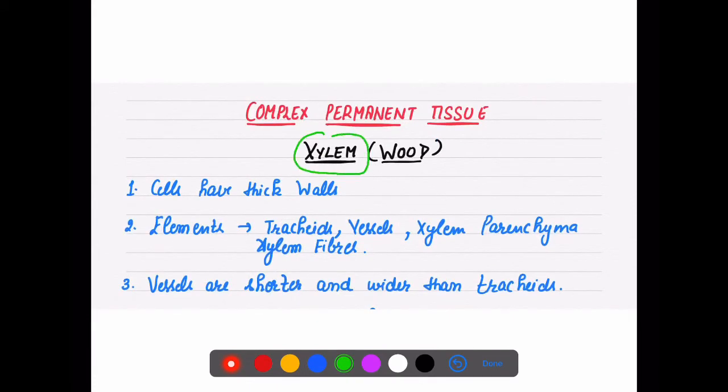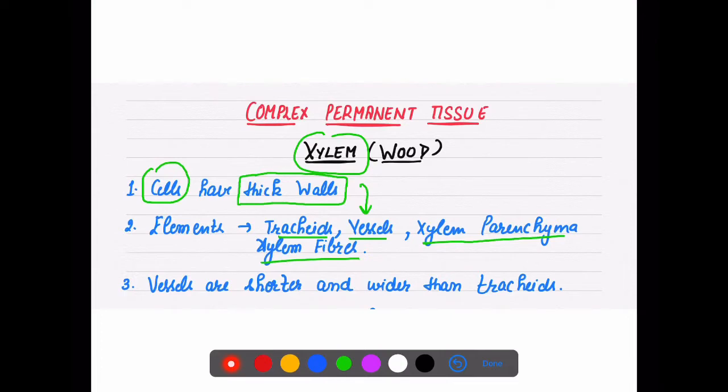If we talk about xylem, the cells have very thick walls, and as I told you earlier, it has 4 elements, that is tracheids, vessels, xylem parenchyma and xylem fiber.